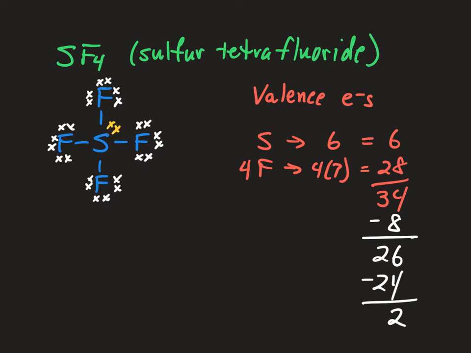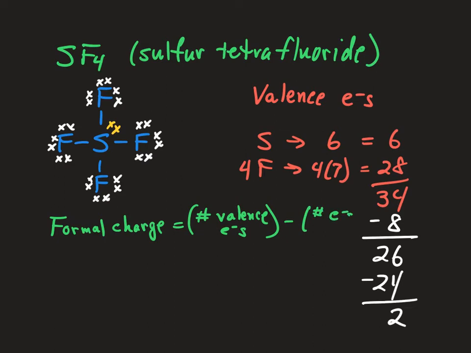Now, one of the things we can look at is a property called formal charge. The formal charge is related to the number of valence electrons that an atom brought minus the number of electrons that same atom has control of in the final Lewis structure.